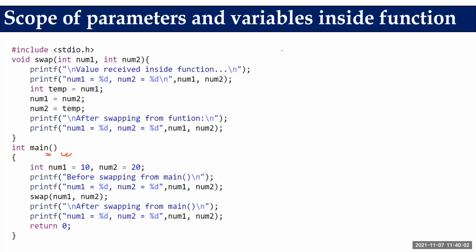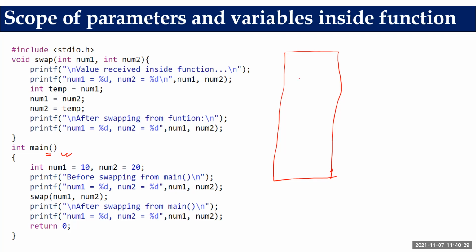Suppose this is my RAM. All the methods, whether user defined or main, always get a different memory block from which they will get the memory for the local variables and the parameters.